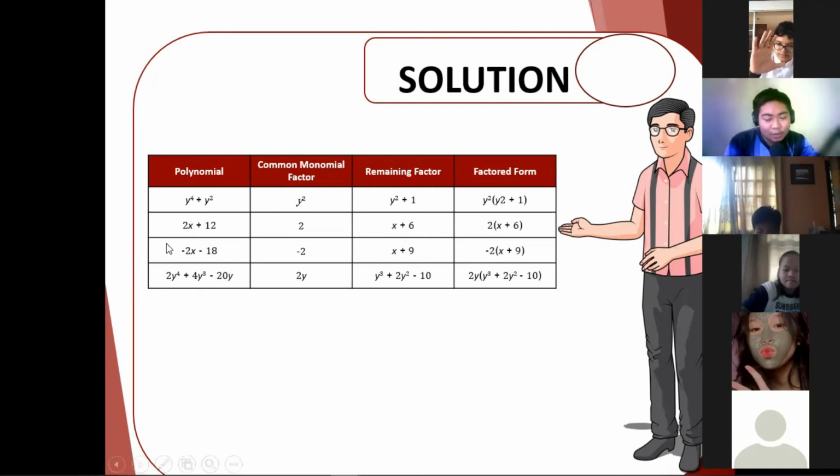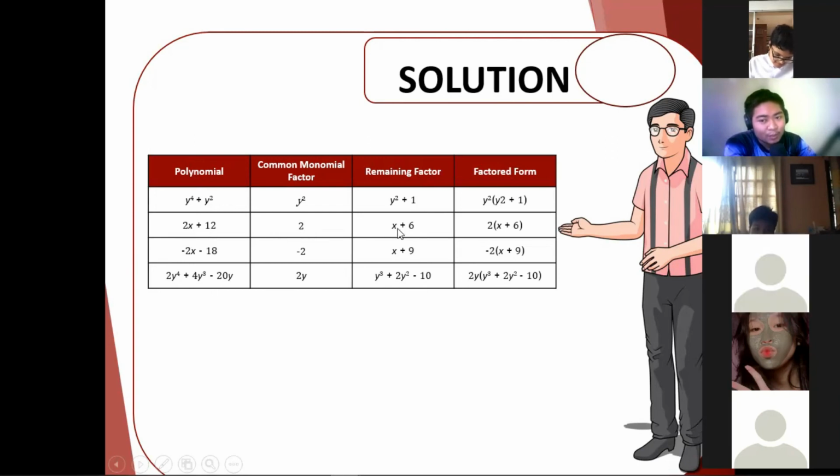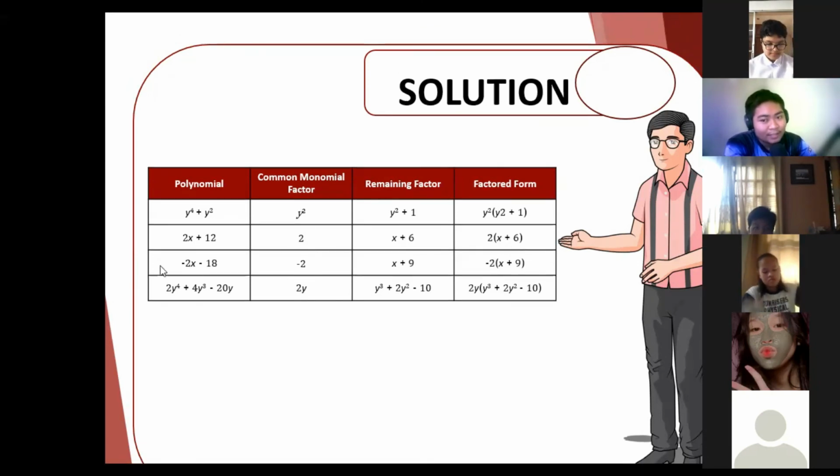Another example. The common monomial factor for 2x plus 12 is 2. Kapag nakuha mo na si 2, get the remaining factor. 2x divided by 2 is x, and 12 divided by 2 is 6. So pagtabihin lang ulit: 2 and x plus 6. Another example dito.